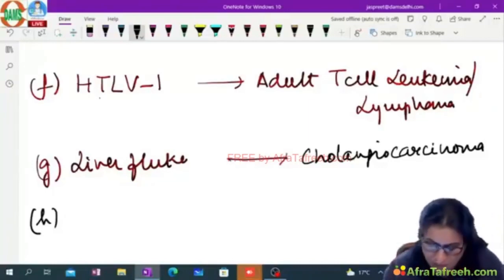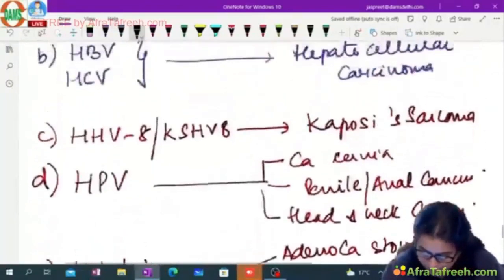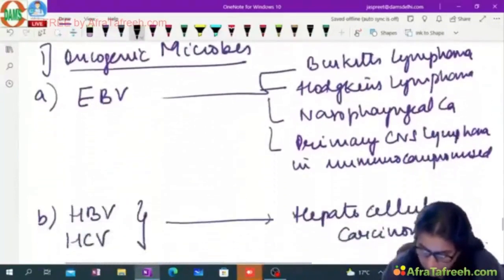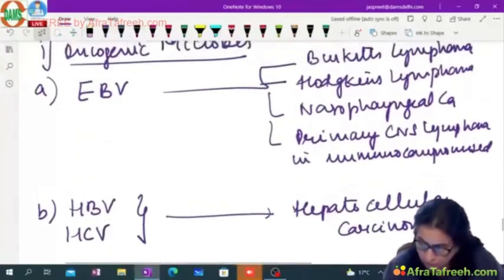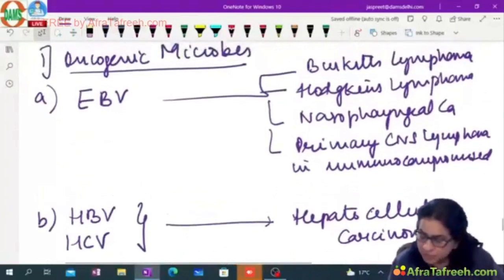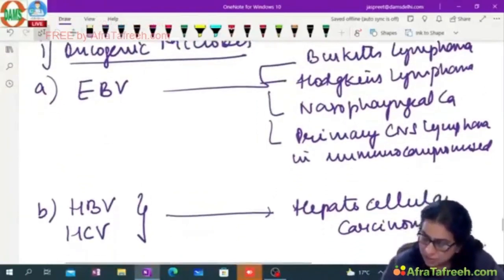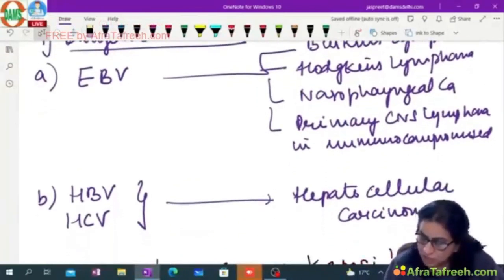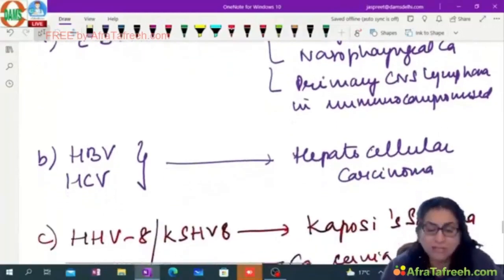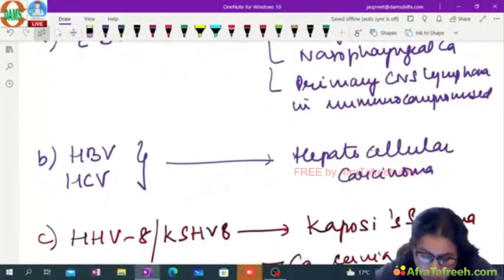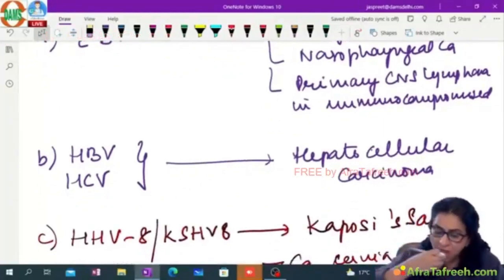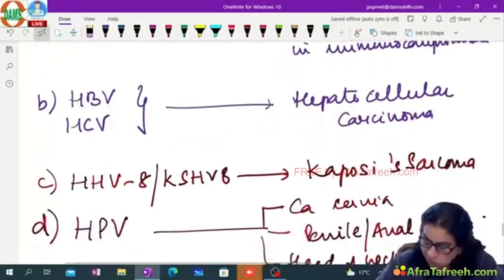Okay, Adesh, you want to see the previous slide? Okay, oncogenic microbes. So Epstein-Barr virus is associated with Burkitt's lymphoma, Hodgkin's lymphoma, nasopharyngeal carcinoma, and primary CNS lymphomas. Then hepatitis B and C viruses cause hepatocellular carcinoma.